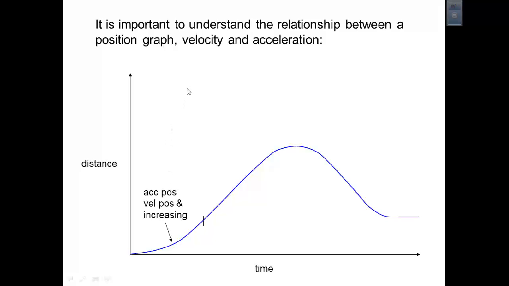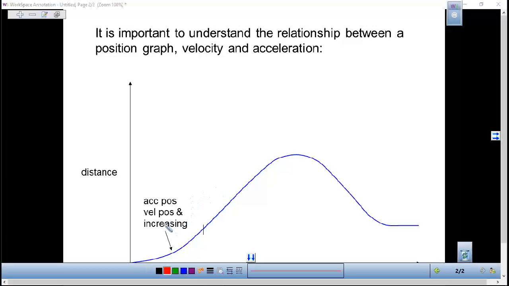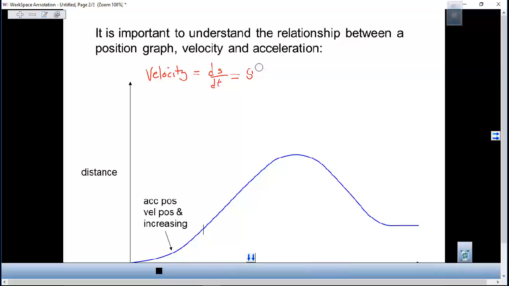All right, so let's break this down real quick before we get too far into this. We know we're looking at velocity. Well, think about this. Velocity equals the derivative of this function we're talking about, distance here. Also we know that the derivative is the slope.